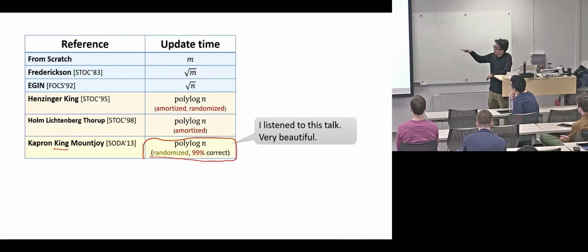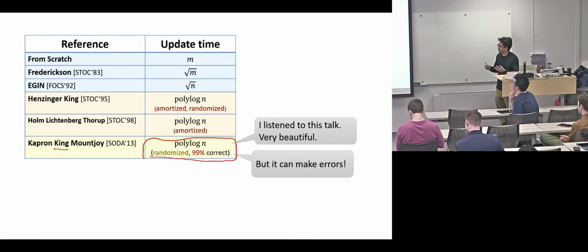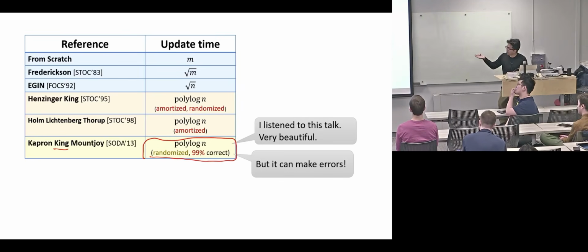This might be one of the projects that you can choose from to read about. It's really beautiful, but it can make errors. It's not always correct. Okay. So not good. We don't want that. We want it to be always correct.